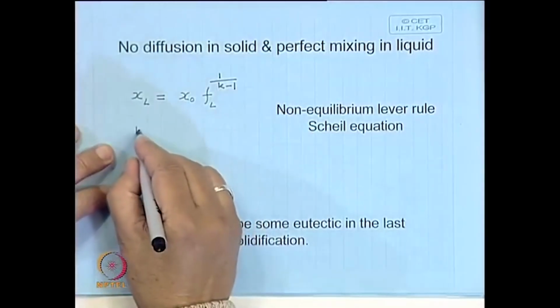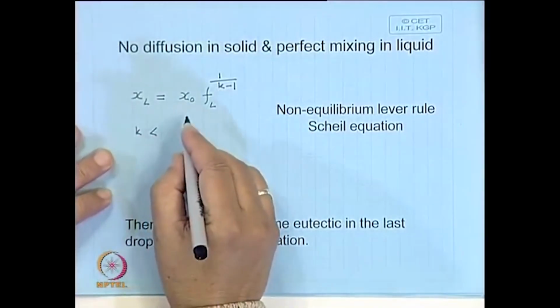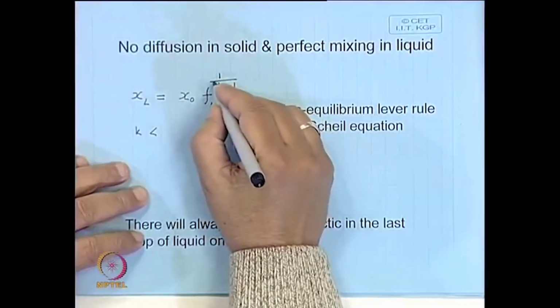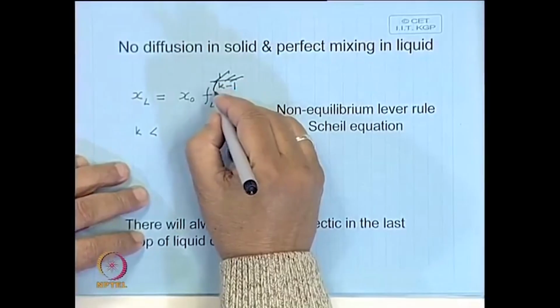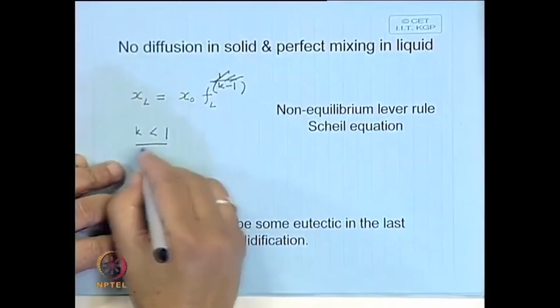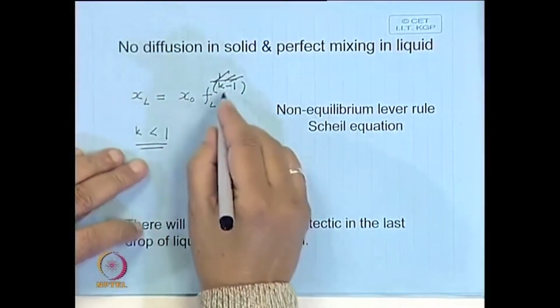Now, k minus 1. So, k is less than 1. What does this mean?